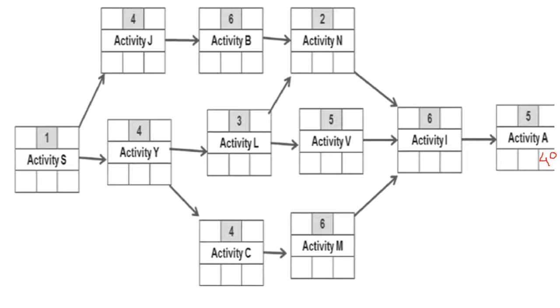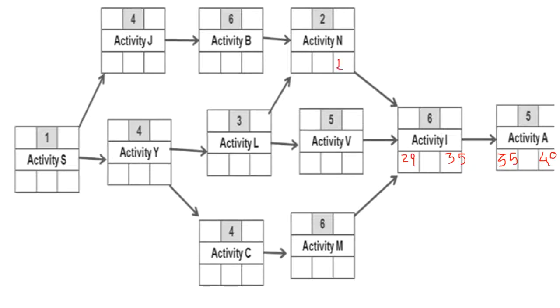So the late finish is 40, so that would mean that the late start time for activity A would be 35, and this 35 would become the late finish of activity I, and the late start would be 35 take away 6, which would be 29.